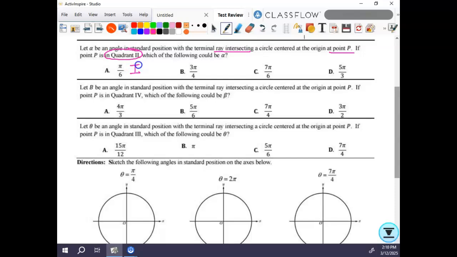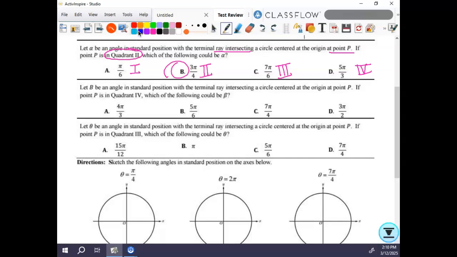The first. 3 pi/4 is in which one? The second, right? 7 pi/6 is in which one? Third. And this one is in which one? Fourth. Okay. So this is my answer here. Okay. Everybody good with that? I think that's something we're hopefully pretty good at this point.